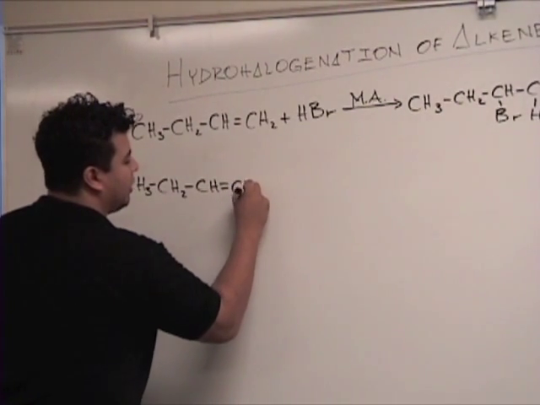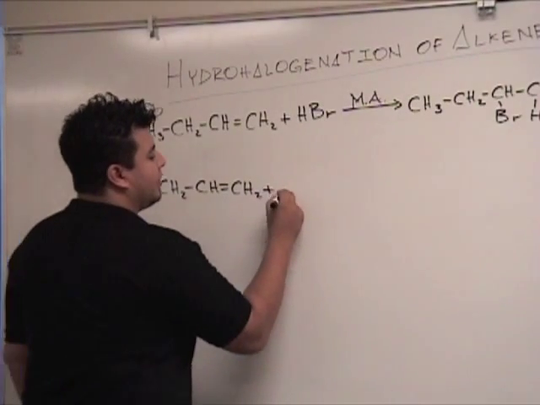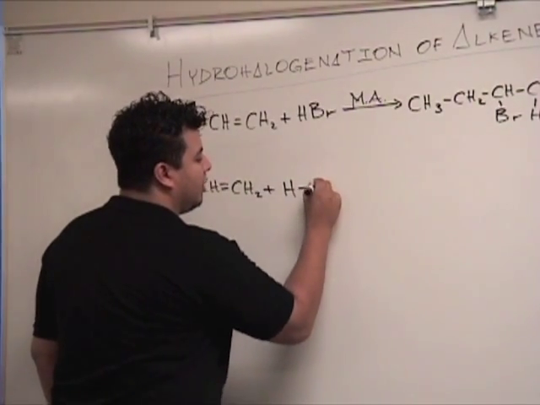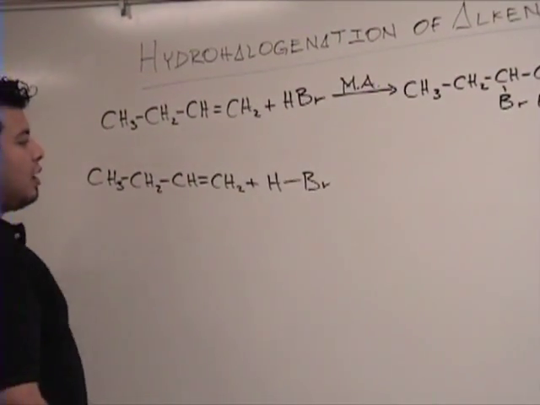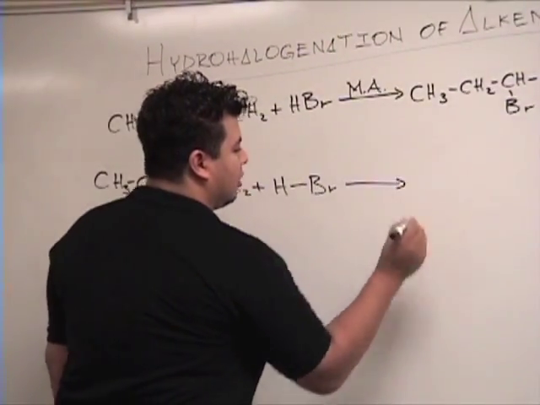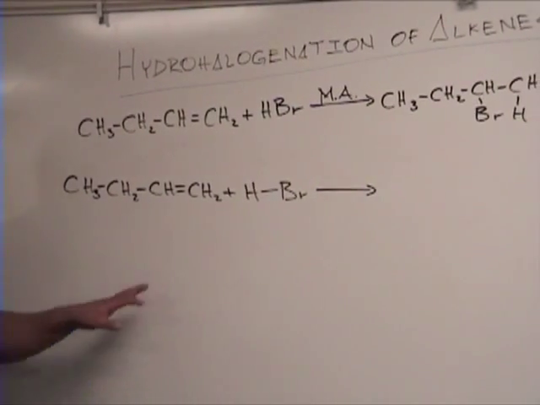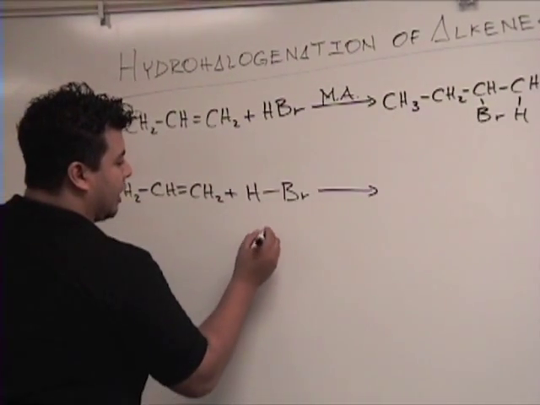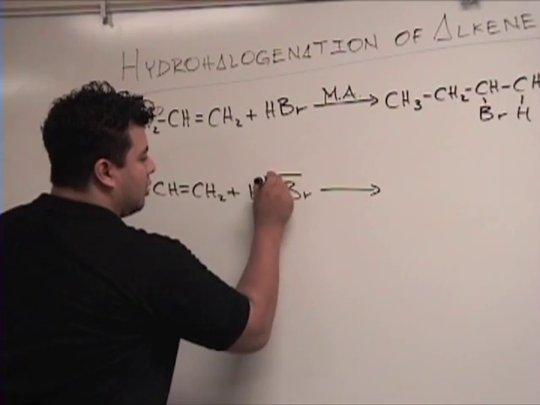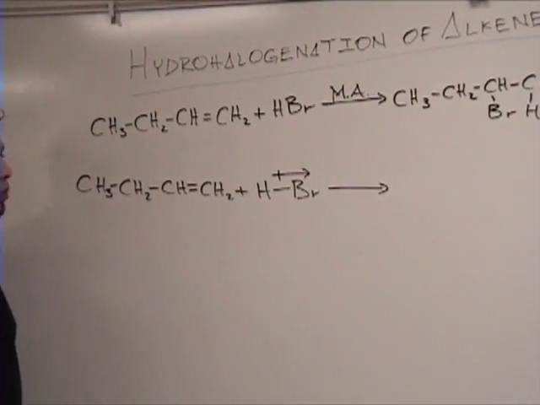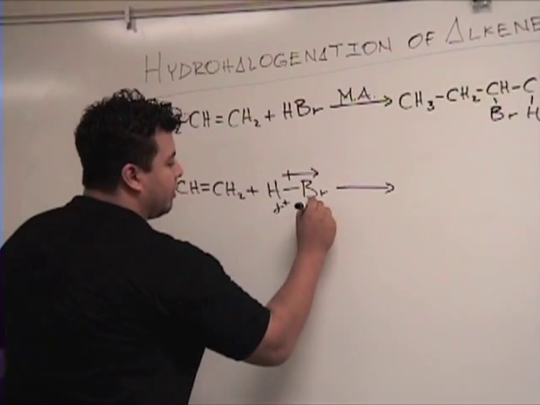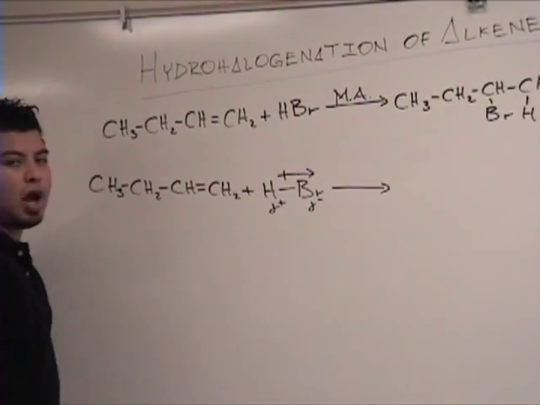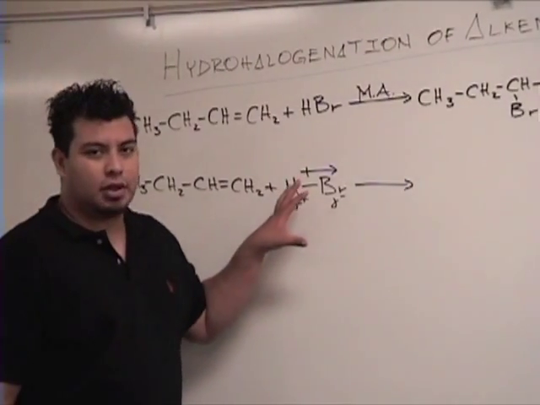CH double bond CH2, plus H, let me show the bond between Br, they're sharing electrons. And how is this going to work? We know that this bond is polarized. Again, there is electrons going that way. So this is going to be partial positive, and this is going to be partial negative. You do not need to show this on your mechanism.